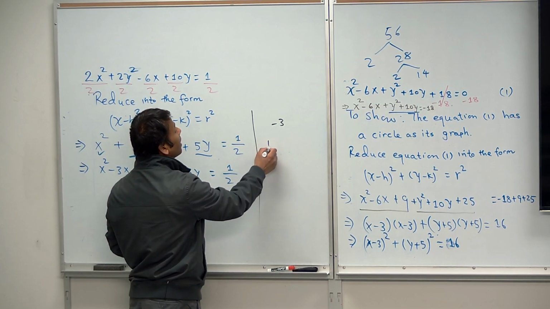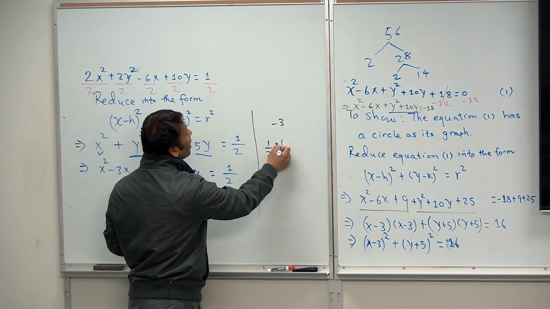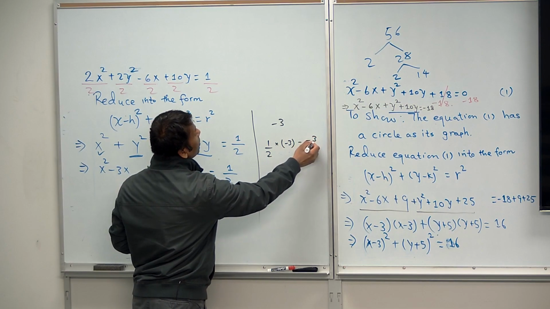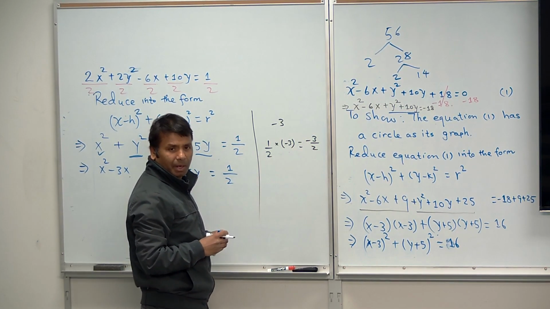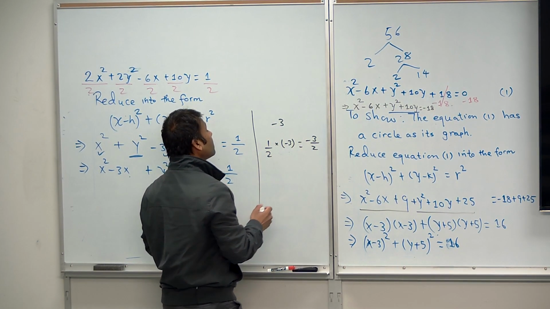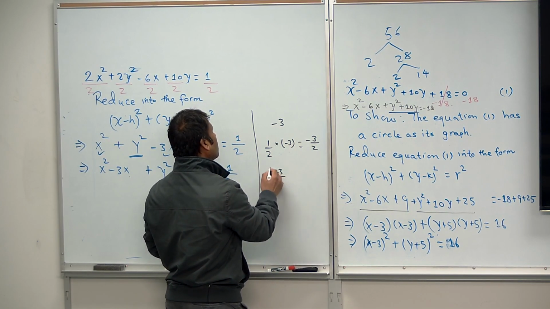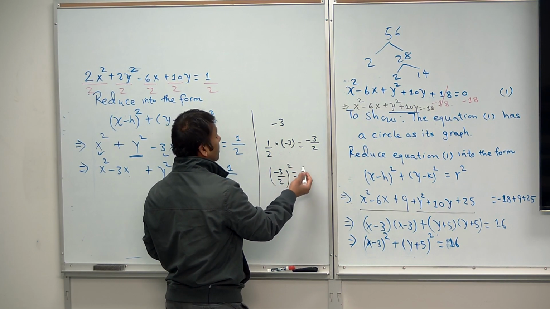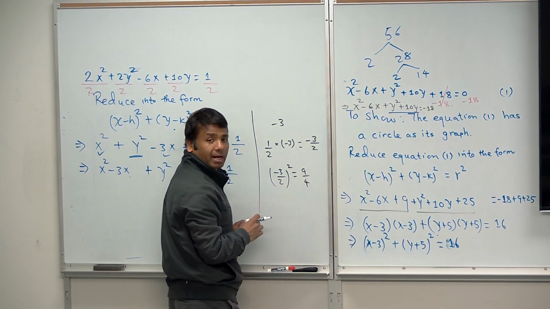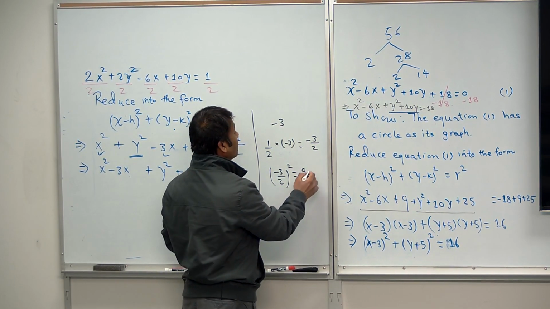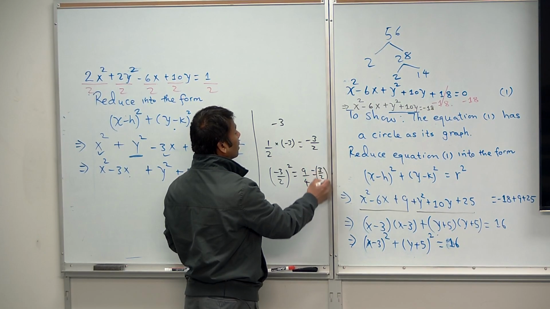Half times negative 3 is negative 3 over 2. That makes sense? And then negative 3 over 2 squared is the same as 9 over 4. Is that right?